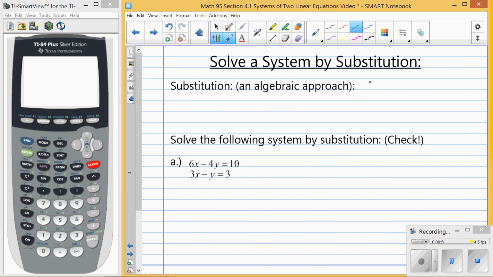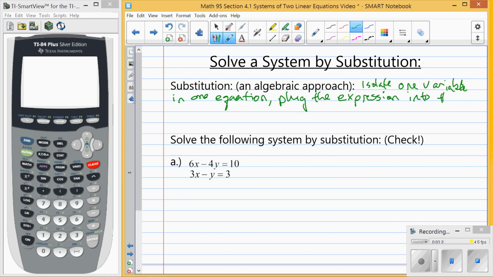And in it, we are going to isolate one variable in one equation and we're going to plug the expression into the other equation, replacing a variable.